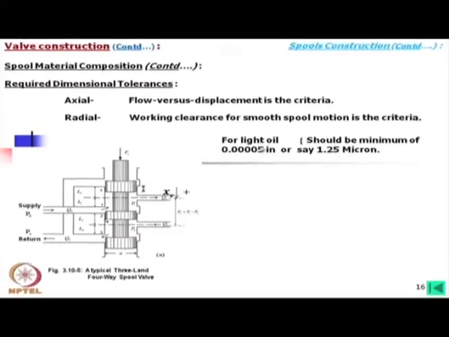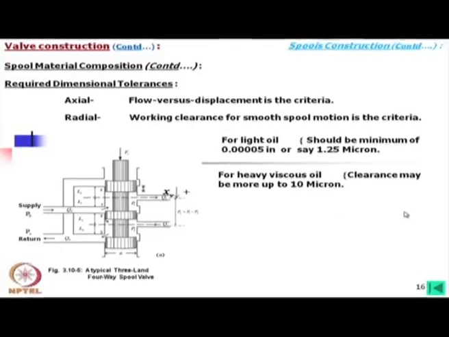Now, for light oil, these tolerances should be, say, 1.25 micron at the most. However, for heavy viscous oil we can go up to 10 micron, with tolerances of plus minus 2.5 micron where we are using 10 micron clearances.